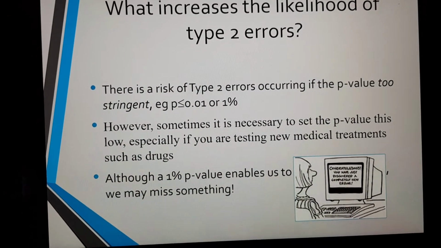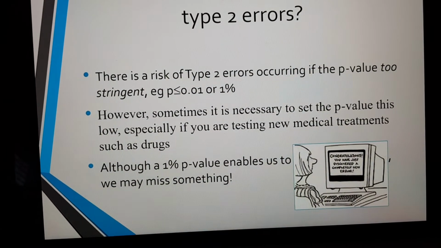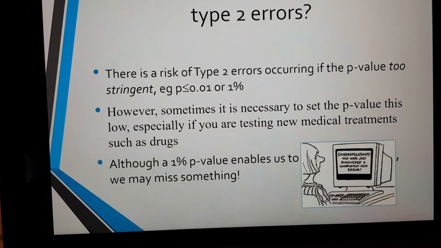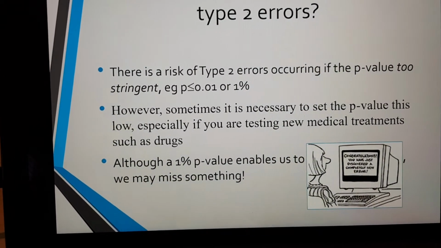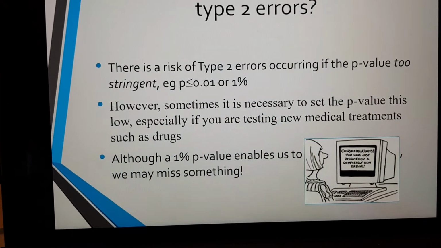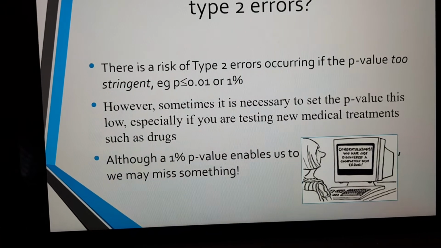Okay, so rather than setting it at p is equal to or less than 0.05, you're setting it at p is equal to or less than 0.01. So you're allowing a 1% error rate for chance rather than 5%. So you're setting it more stringently.